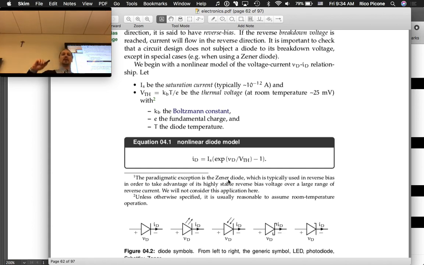Because remember, if you go to a very large negative voltage across a diode, it will eventually flow current in its reverse bias direction, which is not what you typically want unless you're using a Zener diode. So that's typically not what you're looking for. So even the nonlinear diode model doesn't have that breakdown voltage as part of it. Even the nonlinear one is an approximation.